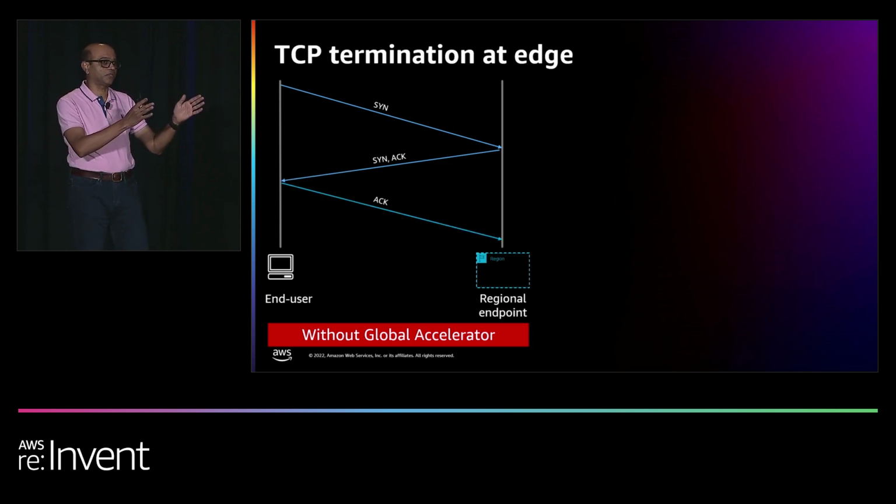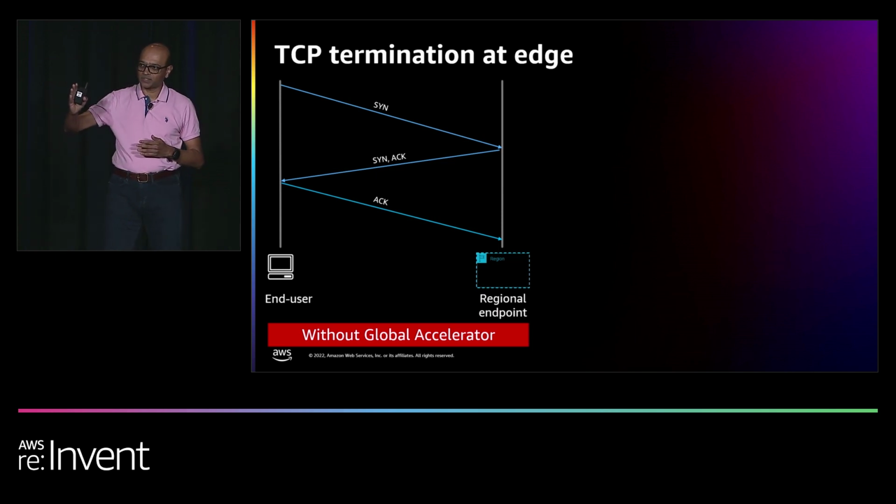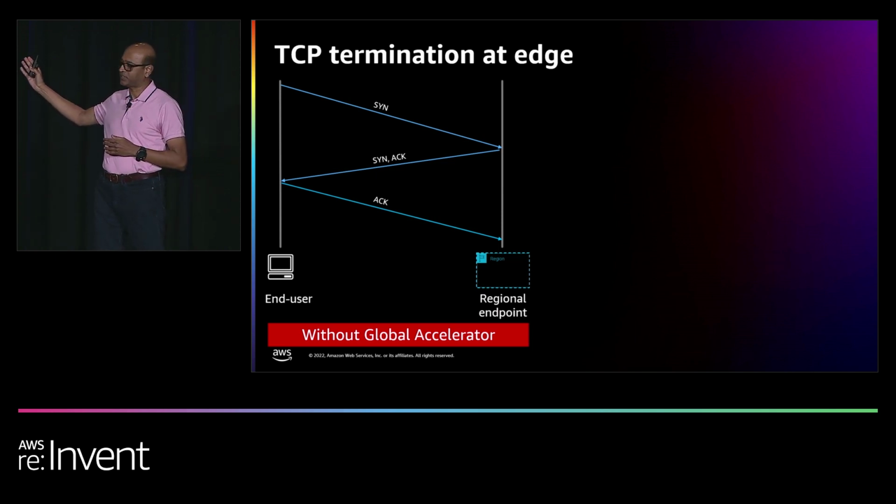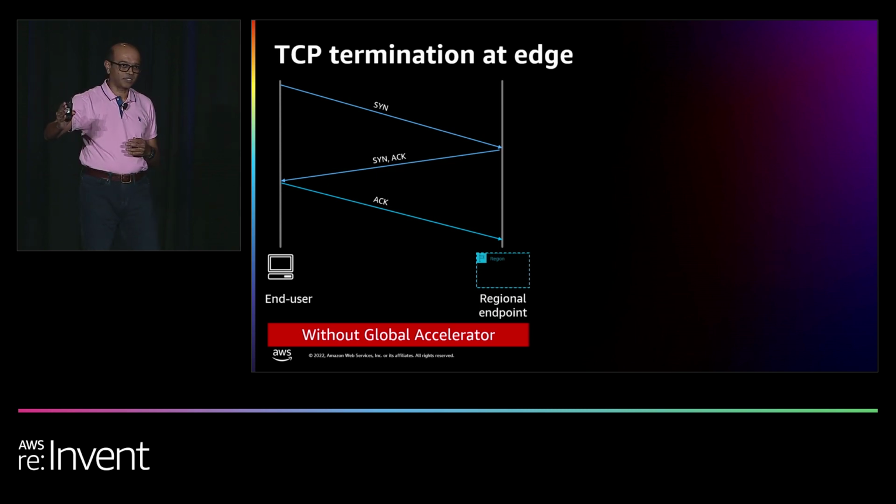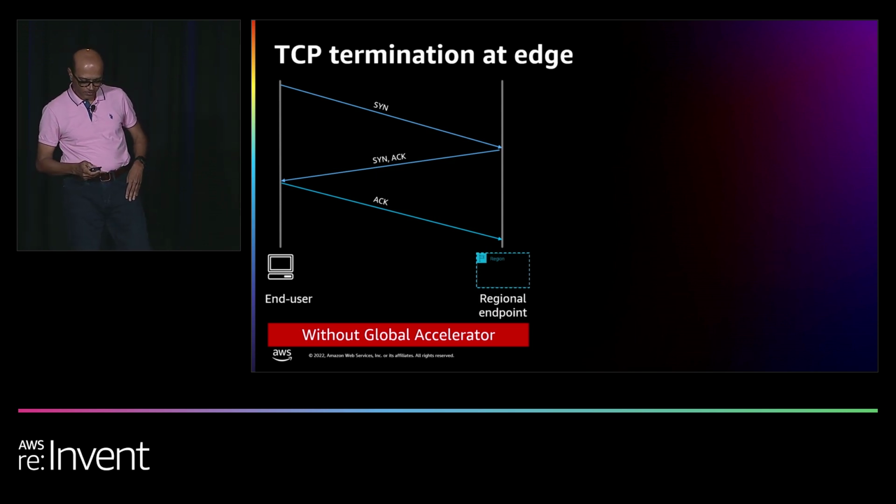Say you have users in San Francisco, and you're running your application in Northern Virginia, US East 1. That is about 2,800 miles. Your TCP SYN packets flowing from the end user, the SYN-ACK responses, the ACK response, each of these travels the distance of 2,800 miles each time. Naturally, that leads to lower performance.